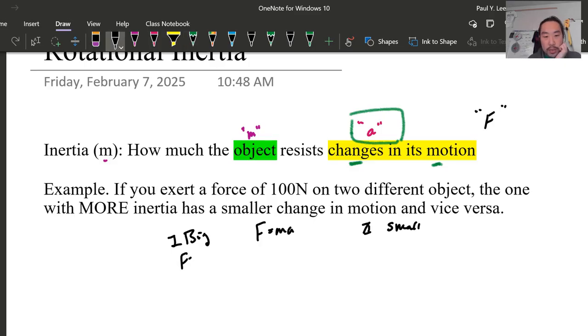So if we have F equals ma here, all right, if we have a force that is equal for both, but the inertia is big, we're going to make this nice and big, that means that the object will accelerate less. Okay, compared to over here, F equals ma, if we have the same force that's applied, okay, but the inertia is small, that means when you exert that force, it's going to have a big acceleration, right?